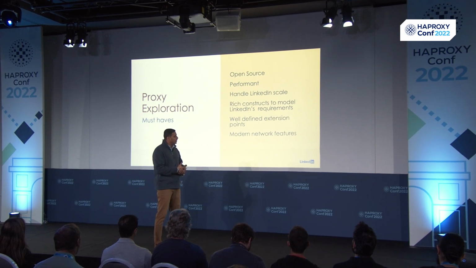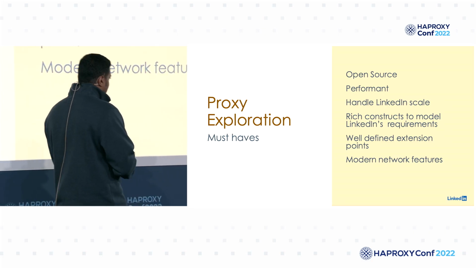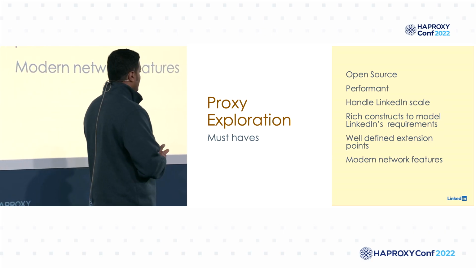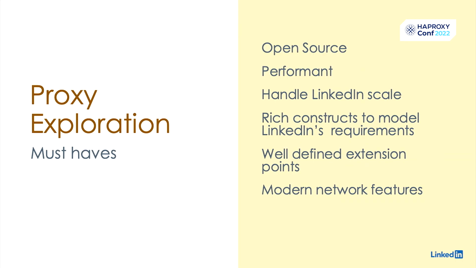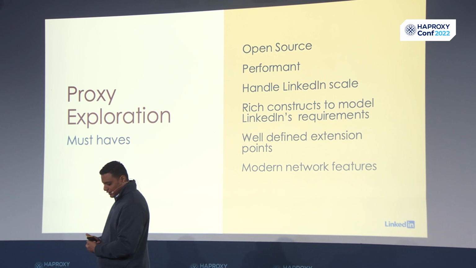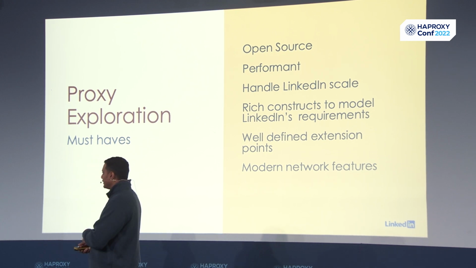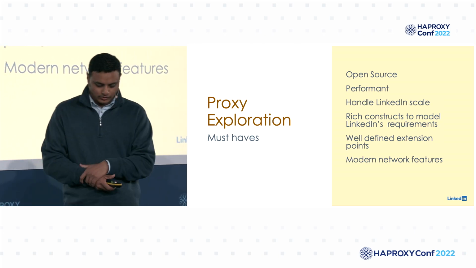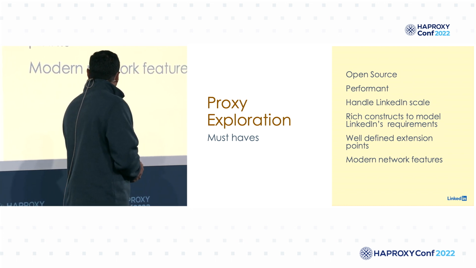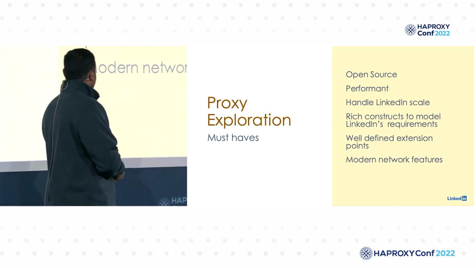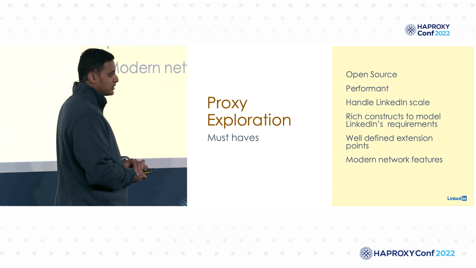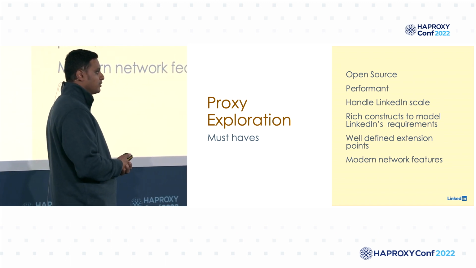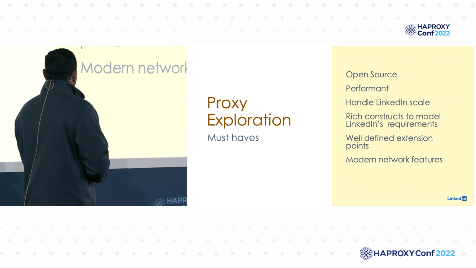So how did we go about our proxy exploration? To begin with, we created a wish list. We want the next proxy to be open source and to have a very strong open source community. Of course, it has to be very performant. It should be able to handle the scale at LinkedIn. We wanted to have some very rich constructs to model our routing requirements so that we can minimize the amount of custom code we need to write and maintain.